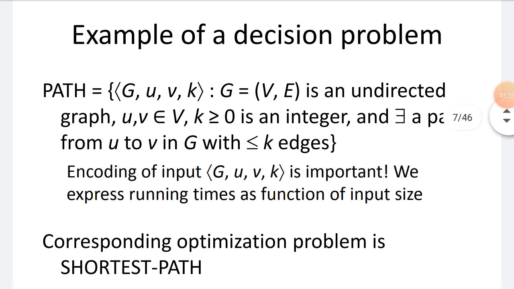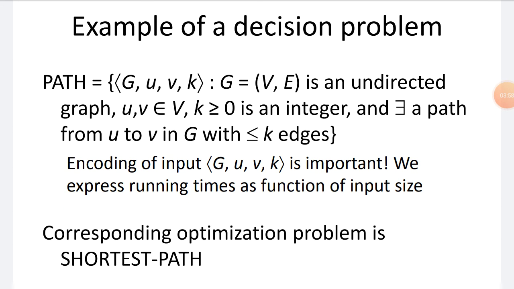For example, we are taking PATH, the set of G, U, V, K, where G is a graph, nothing but a collection of vertices and edges, and keep in mind it should be undirected, U and V belong to V, and K is greater than or equal to 0, an integer, such that there is a path from U to V in G with less than or equal to K edges.